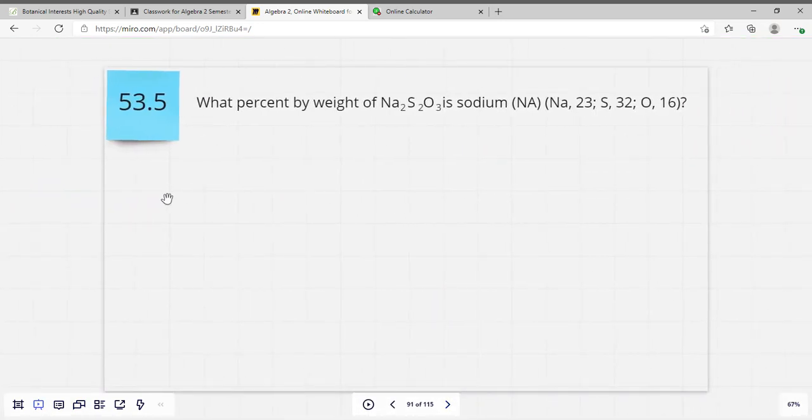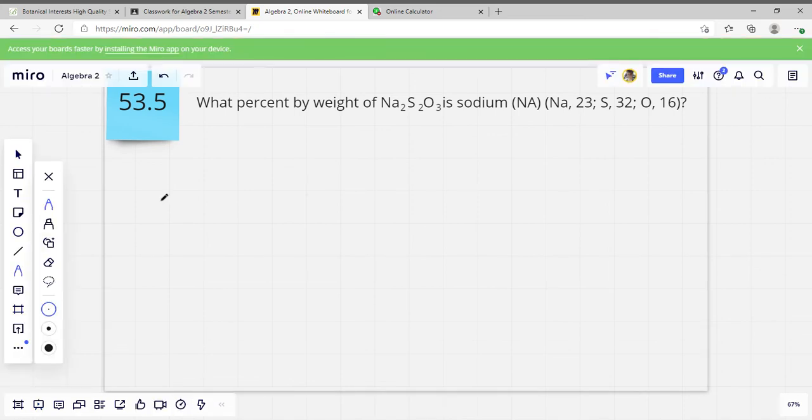Alright. Percents by weight. So we've been doing these chemical problems. These ones are asking you by weight. So we've got what percent by weight of whatever that is, no idea, is sodium, which is the Na part. If we've got, okay, so our formula is Na2S2O3. Okay, so I'm going to make a little chart.